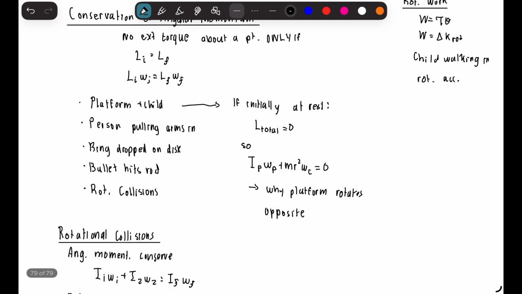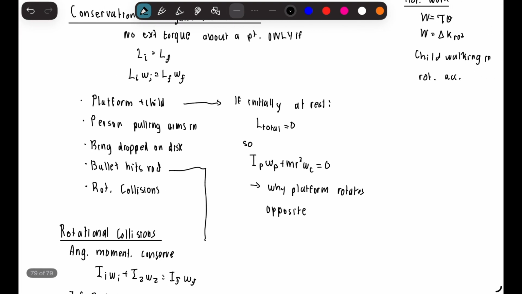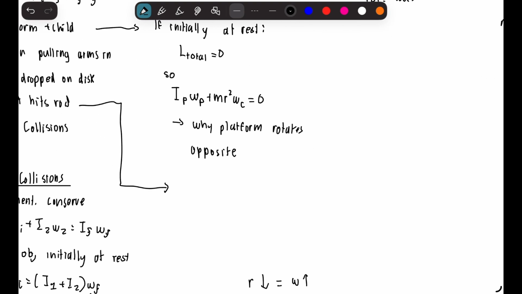In the bullet rod problem, the pivot force passes through the pivot, so r is equal to 0. And because of that, your torque is equal to 0. So therefore, your L is conserved.